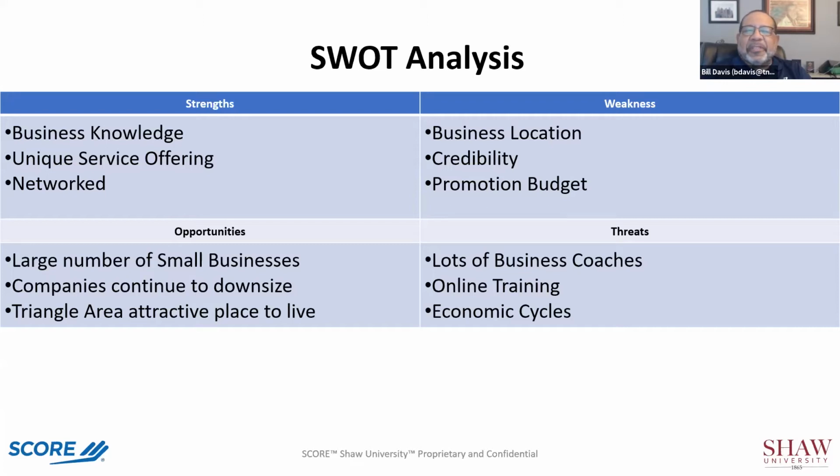Corporations and companies continue to downsize, which meant more and more small businesses were formulating. And the triangle area is an attractive place to live, so that meant more and more people moving into the triangle area, which created opportunities for people that wanted to start businesses. A great environment for a small business coaching and consulting firm.